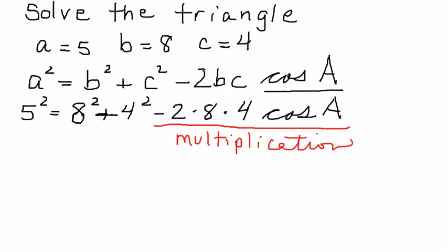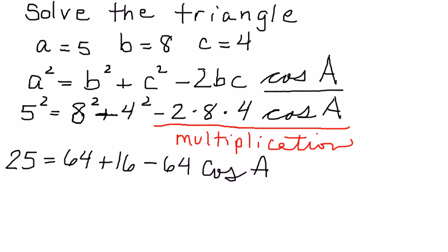Let's do some simplifying. 25 is equal to 64 plus 16 minus 2 times 8 times 4 minus 64 cosine A. In isolating cosine A, we first want to subtract the 64 and the 16 from both sides of the equation.